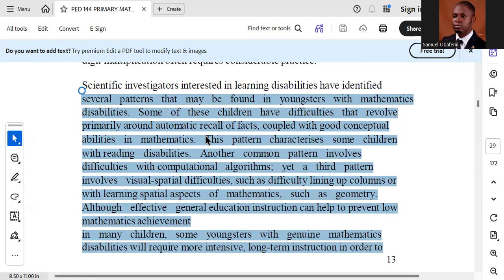So if the lower steps are weak, then climbing becomes difficult. If the child doesn't know how to count very well, by the time he gets to division or fractions, something will be wrong. He will always get zero. So the foundation needs to be strong.